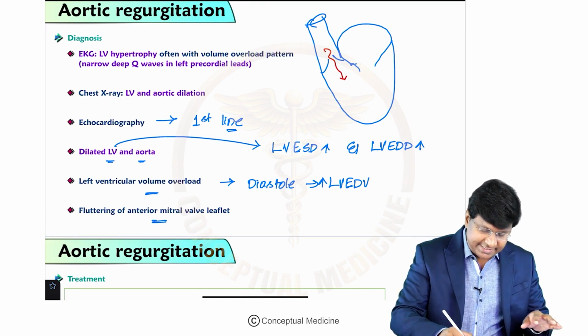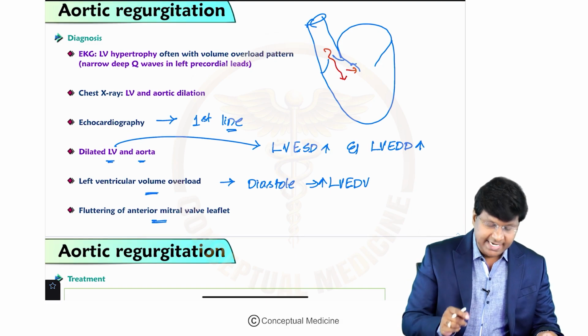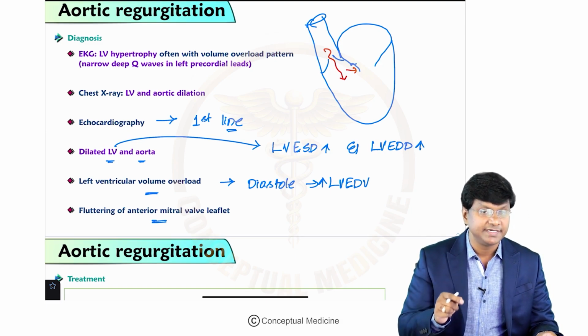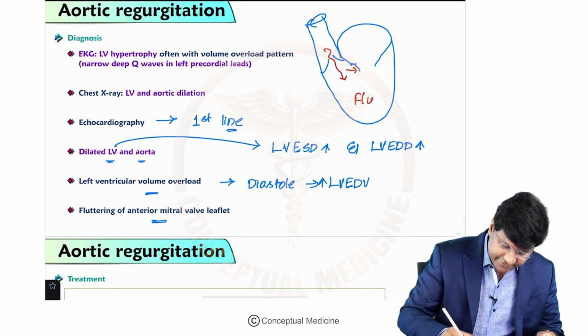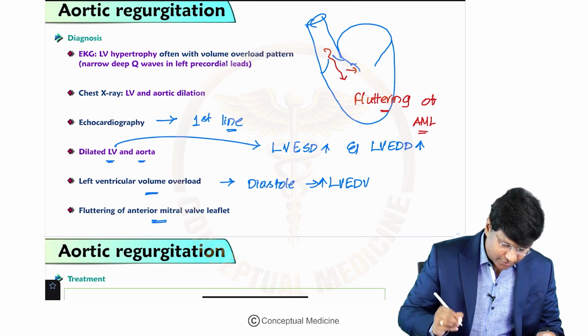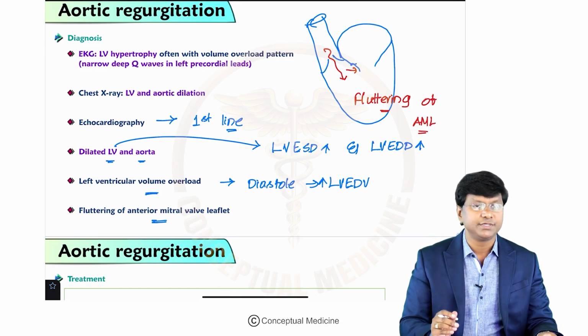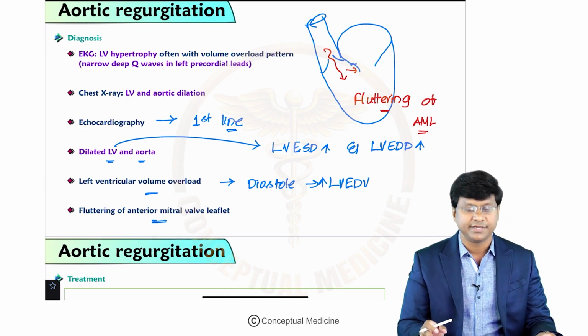This regurgitant jet can hit the anterior mitral leaflet. Once the anterior mitral leaflet is hit by the regurgitant jet, you will observe fluttering of the anterior mitral leaflet. That is what you will observe in the 2D echo. So these will be the 2D echo features in patients with the aortic regurgitation.